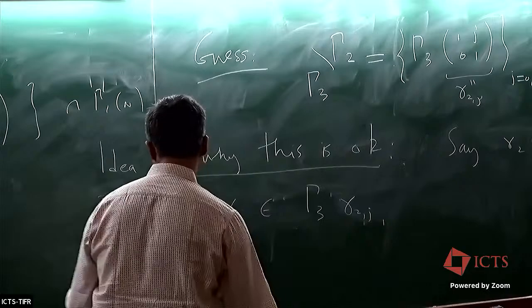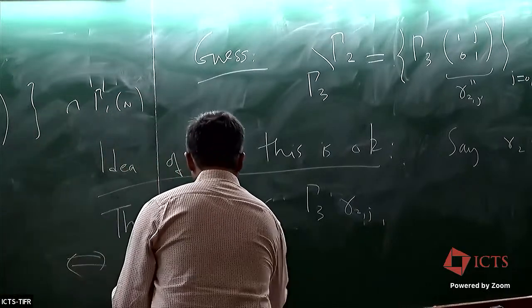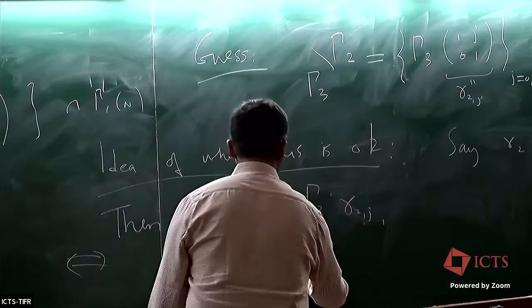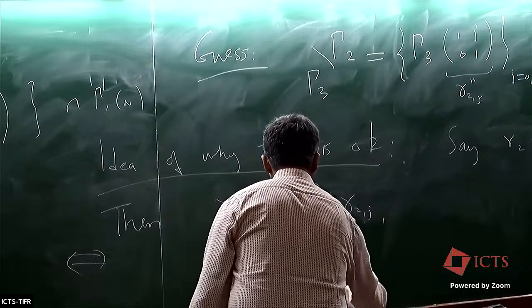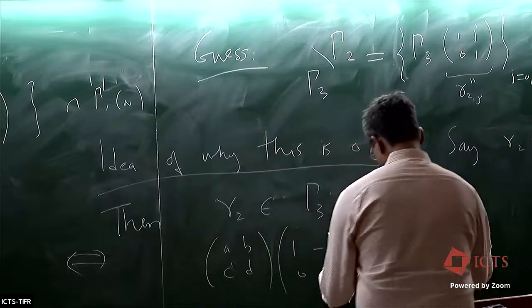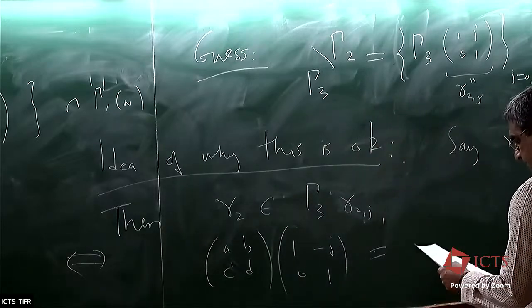What does this mean? This happens if and only if, we do a small computation, ABCD times the inverse of gamma 2J, which is 1, minus J, 0, 1. Right? I just moved the matrix to this side. What is this computation? Let me multiply these matrices out.